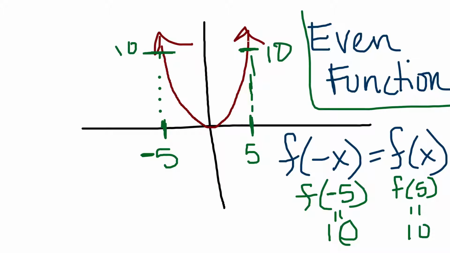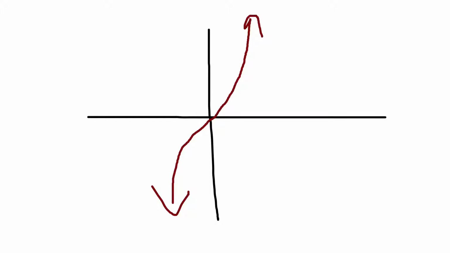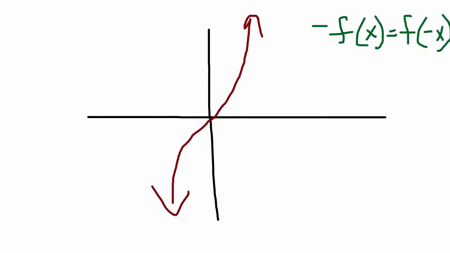Okay, well, let's look at the odd function. In the odd function here, let's recall, I said negative f of x is equal to f of negative x. All right, well, let's get some different points. Let's just hypothetically say we had a 2, and let's say that f of 2 produces a 4.